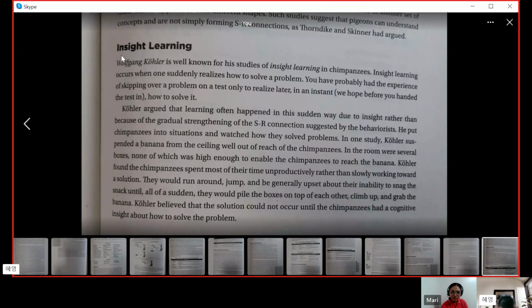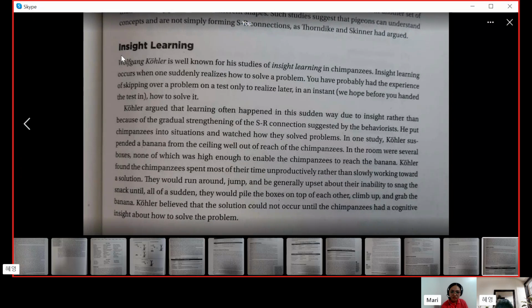Insight learning. Köhler is well known for his studies of insight learning in chimpanzees. Insight learning occurs when one suddenly realizes how to solve a problem.